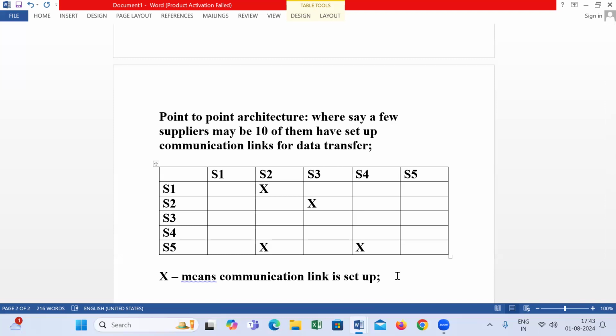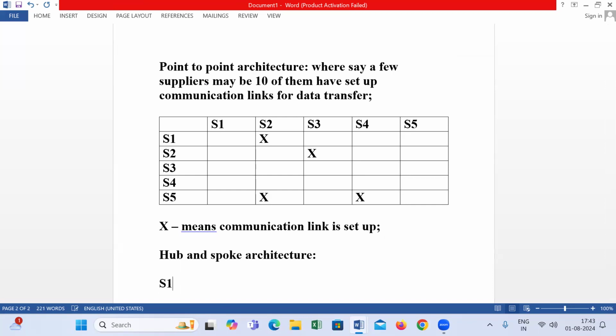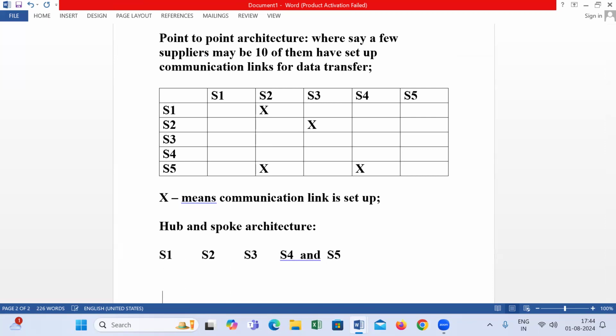The other data communication architecture is hub and spoke architecture. Hub means there are these S1, S2, S3, S4, and S5. Now, these people are linked to a company, which I call the core company.